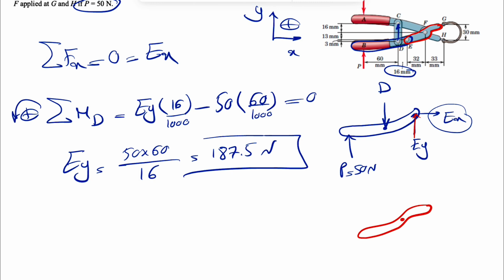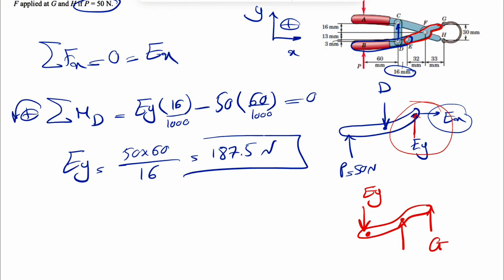But we're going to have an opposite force to what we found in the previous step, based on Newton's law. So this would be our E, downward Ey. And we have the force applying at point G, which we can show something like this. We're going to consider one force F in here.